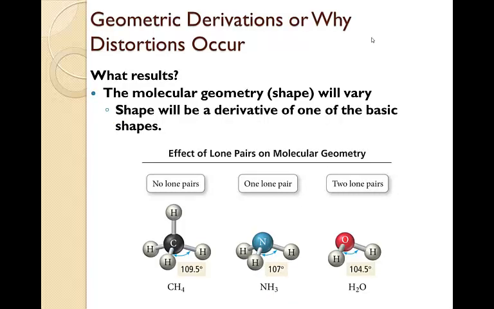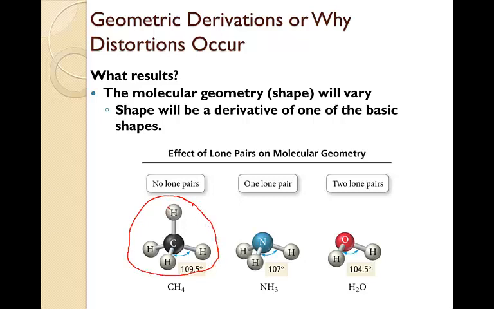The molecular geometry, or the shape, will vary dependent on what kind of electrons are being repelled. The shape is a derivative of one of the basic shapes, one of the 5 groups. So if you look here, this is tetrahedral because there's 4 things coming off of it, CH4.